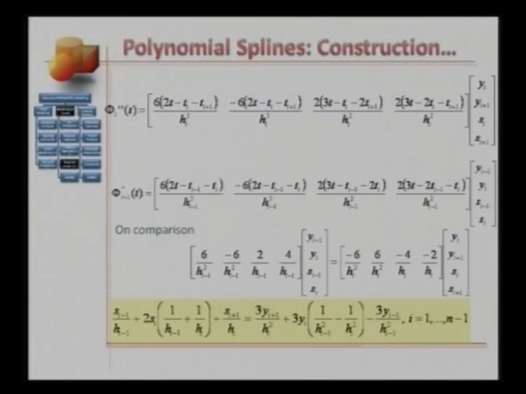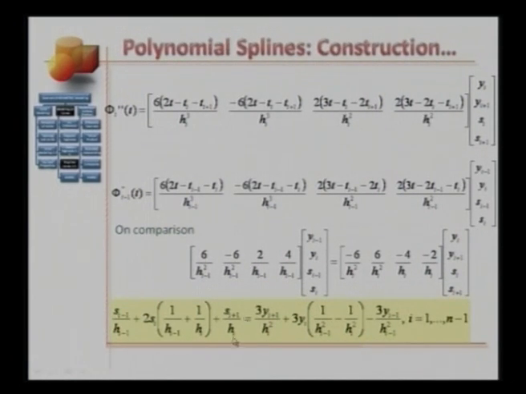There's something important about this relation. While we were doing the complex math that we just did, let's not forget the physics behind the entire discussion. Remember, I had mentioned that the slopes at all junction points were unknown, implying that these slopes si minus 1, si, si plus 1 are all unknowns.